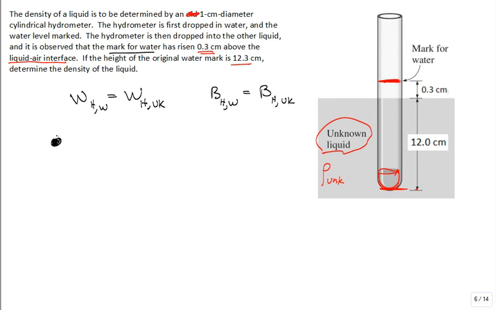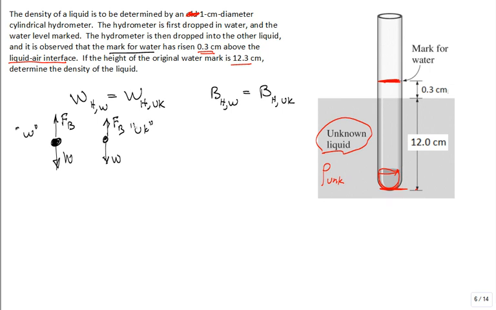So here's my great free point diagram, my free body diagram. I'm going to have a buoyancy force pushing up. I'm going to have the weight of the object pulling down. I'm going to do this 2 times. I'm going to do this for the case of the water, and I'm going to do this for the unknown fluid case.